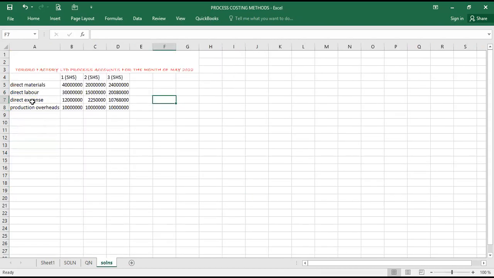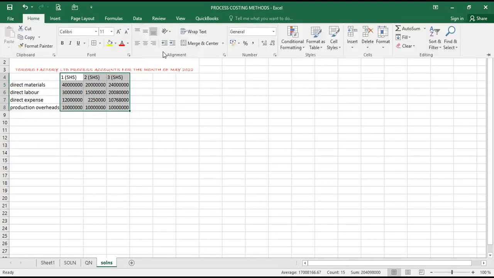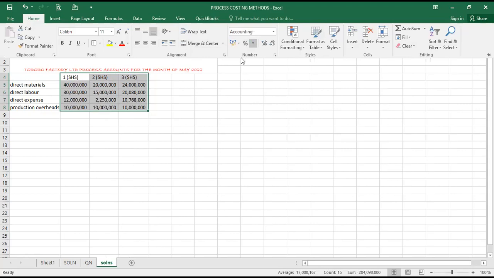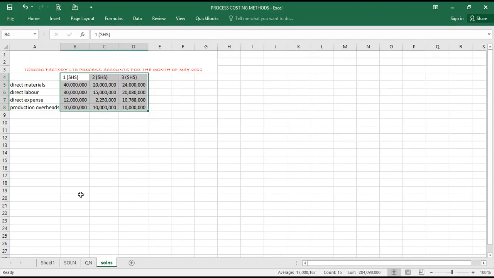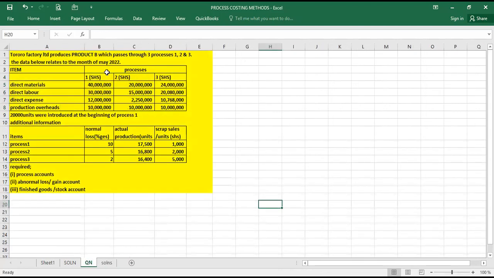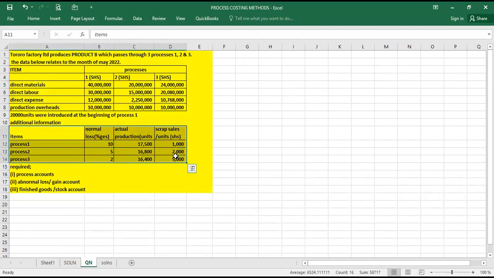Okay, I copied the other information as it is reflected there. What we have here is the information we've got from there. When you see there the exact figures we have, process 1, process 2, process 3, these are the ones we are going to be using, plus the other table. We can also copy this table from here and paste it the other side, just make it next to this, so that we'll be able to see it very well.